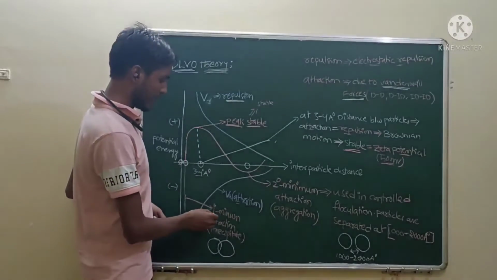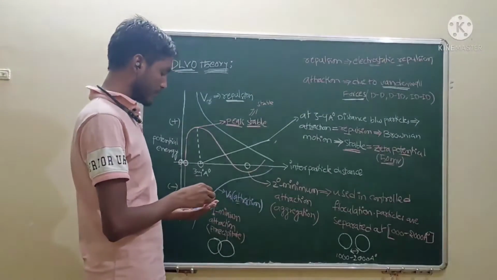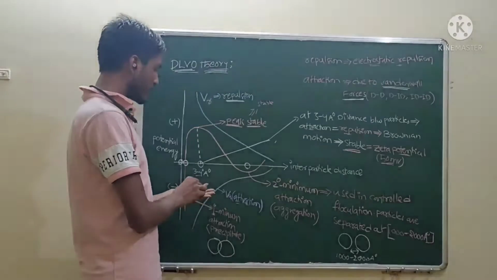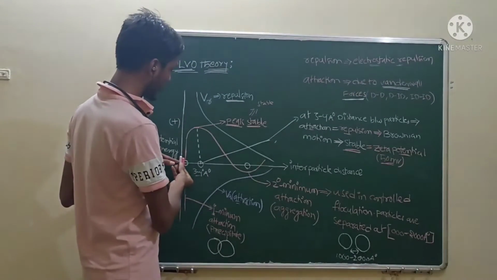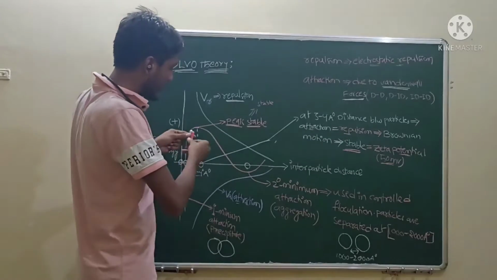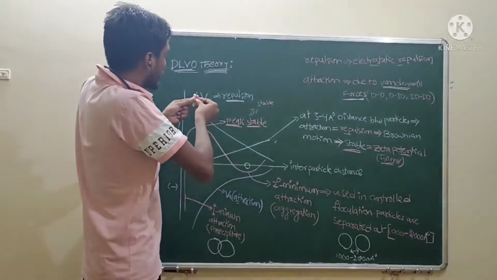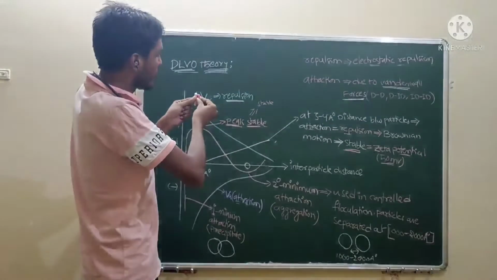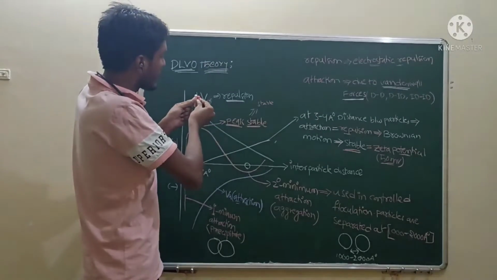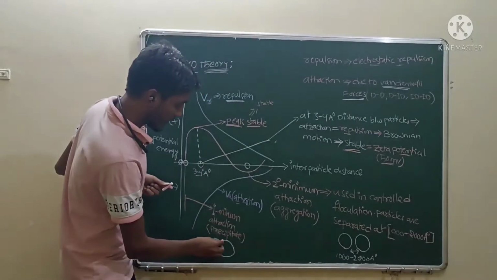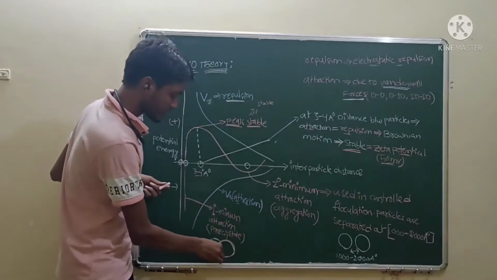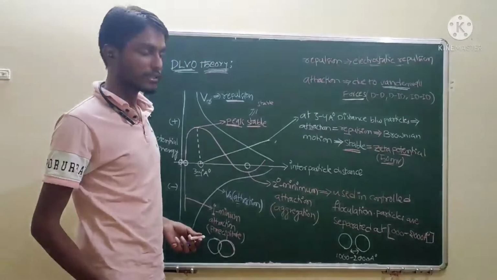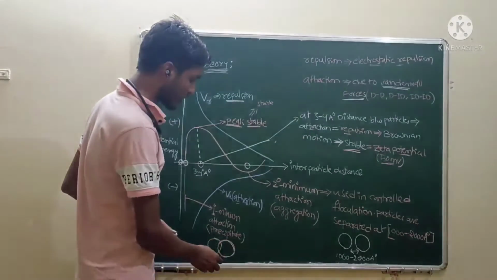So what will happen at the primary minimum? When the distance between the two particles is very, very close, they will come together like this, and there is interpenetration of atomic orbitals.